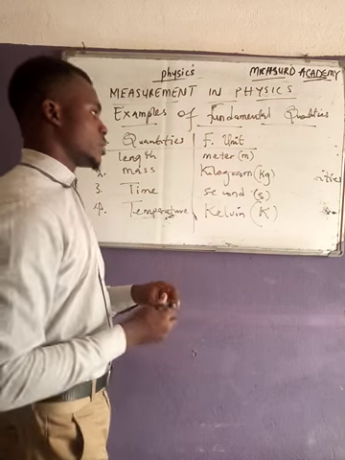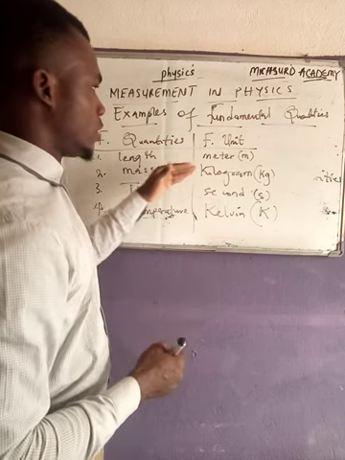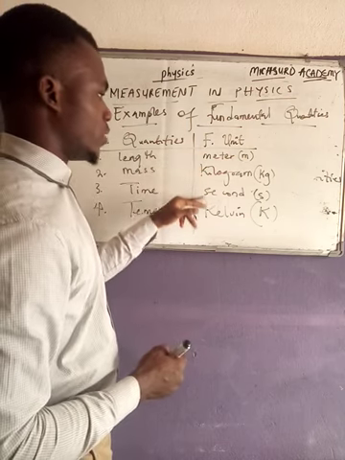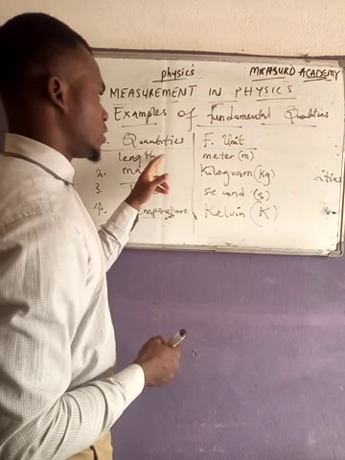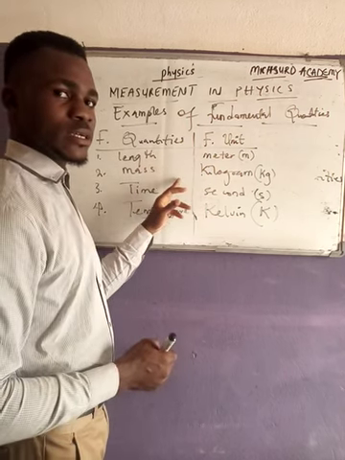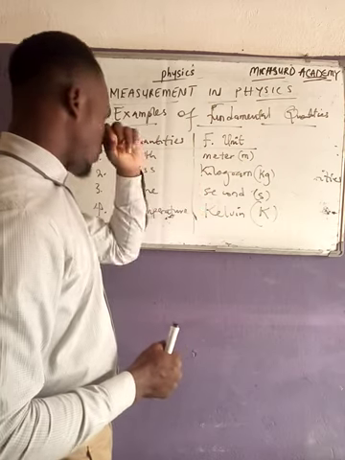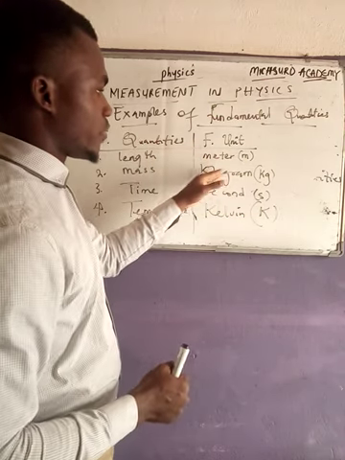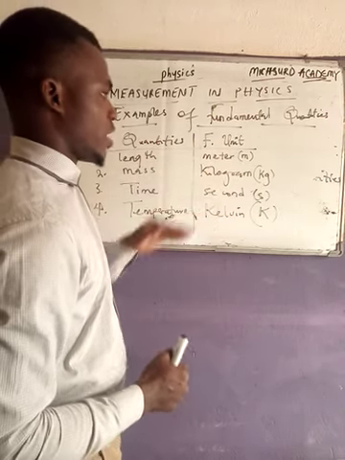So now, these are the fundamental units for their respective quantities. Now if you look at this meter, we have kilogram, we have seconds, and we have Kelvin.